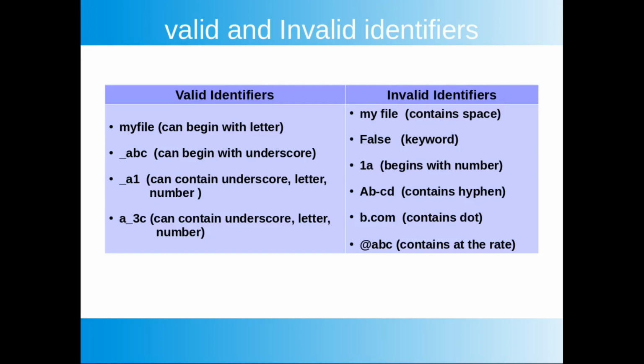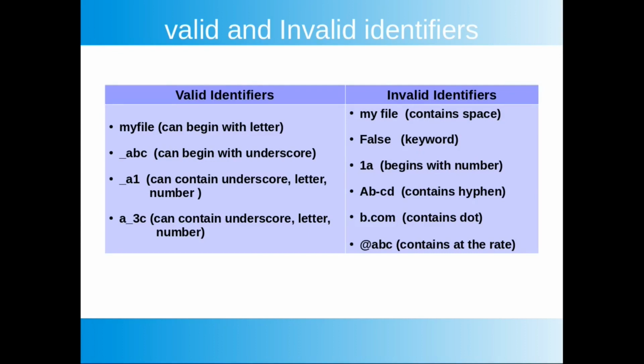The second identifier, which is _ABC, is also a valid identifier as an identifier can begin with an underscore. The third identifier, that is _A1, is also a valid identifier, and lastly A_3C is also a valid identifier.